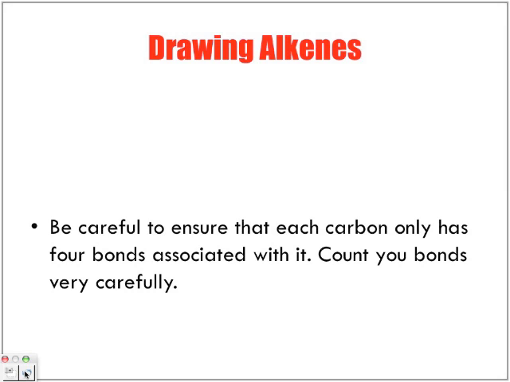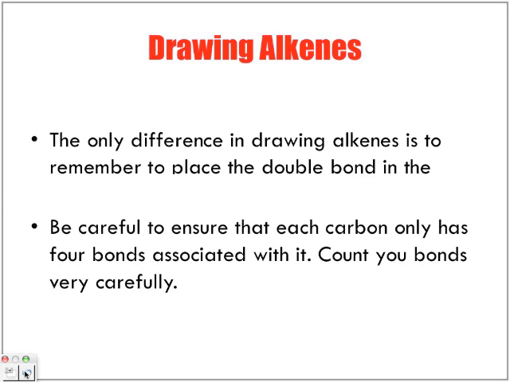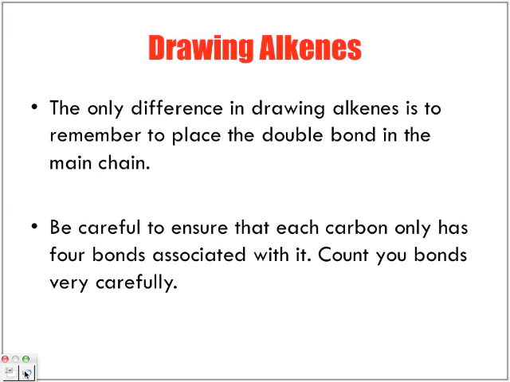Now, drawing alkenes. Be careful to ensure that each carbon only has 4 bonds associated with it. Count your bonds very carefully. Now, the only difference in drawing these alkenes is to remember to place the double bond in the main chain. All right, so you always want to have the main chain. But again, as we said, the most important thing to be careful, remember, carbon bonds, only 4 bonds associated.